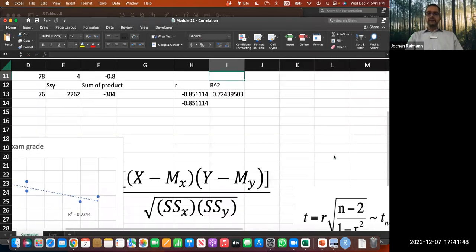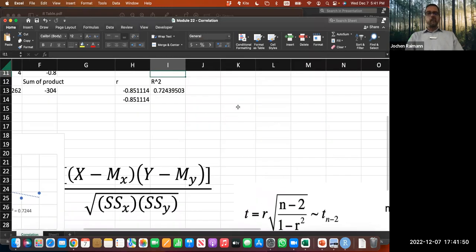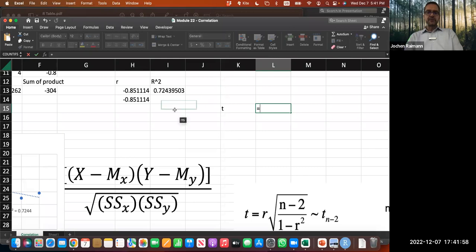If you were to calculate this now, you would do this by calculating your T as your correlation coefficient multiplied by the square root of n minus 2, that's 8, divided by 1 minus the correlation coefficient squared.